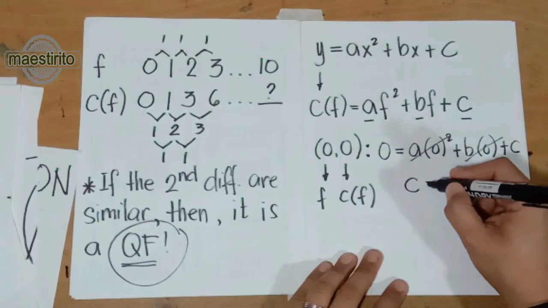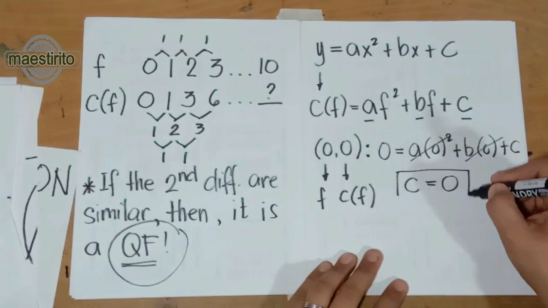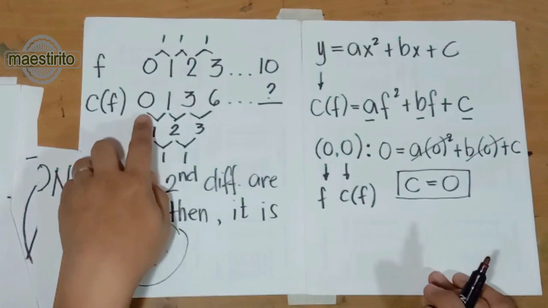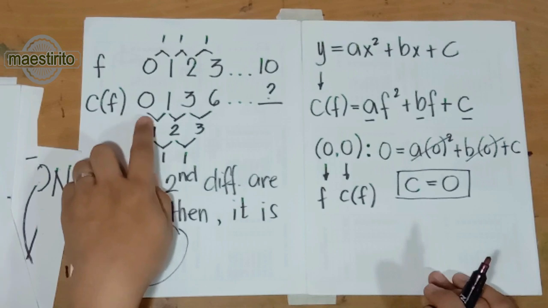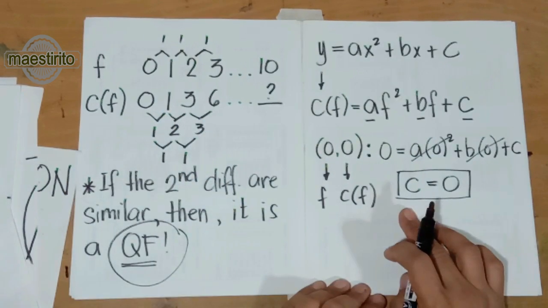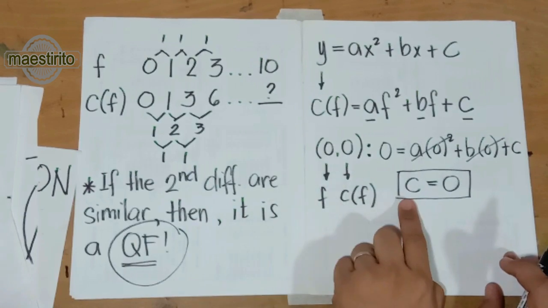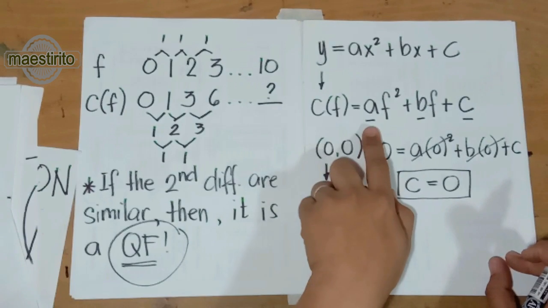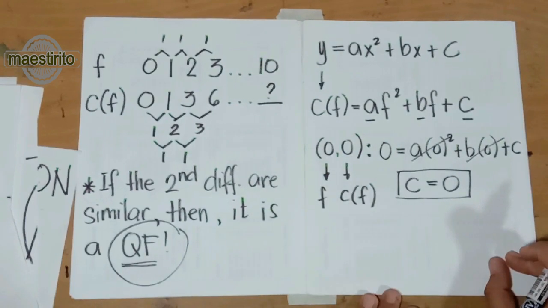Therefore, we already have c is equal to 0. I hope you are getting my point, why I considered 0, 0 first before any other set of points. Because from that, you already have a value for c. Our problem now is finding the a and b. Okay?